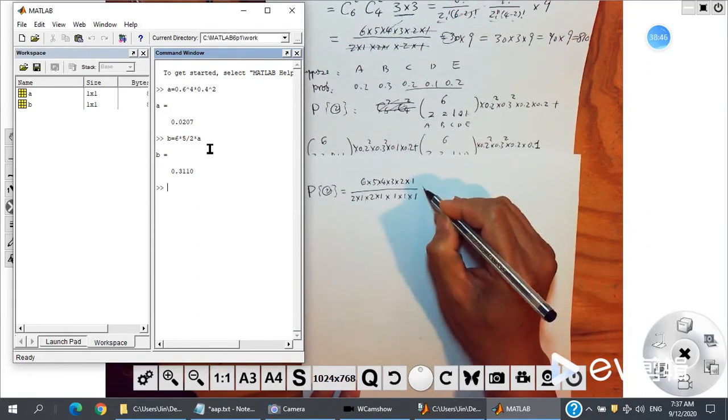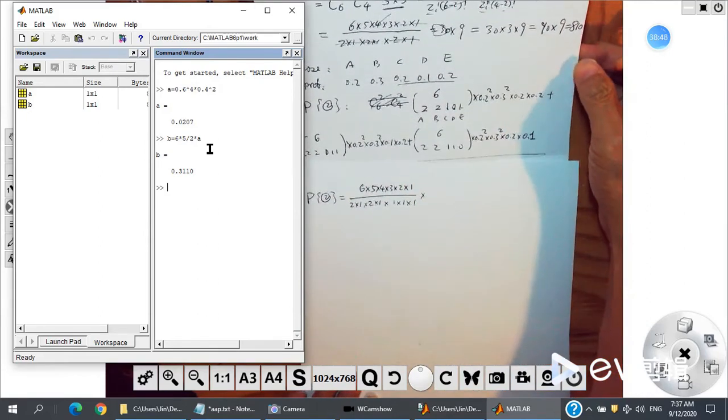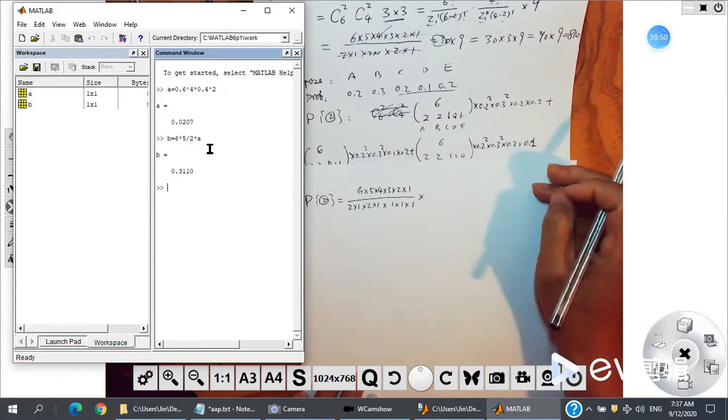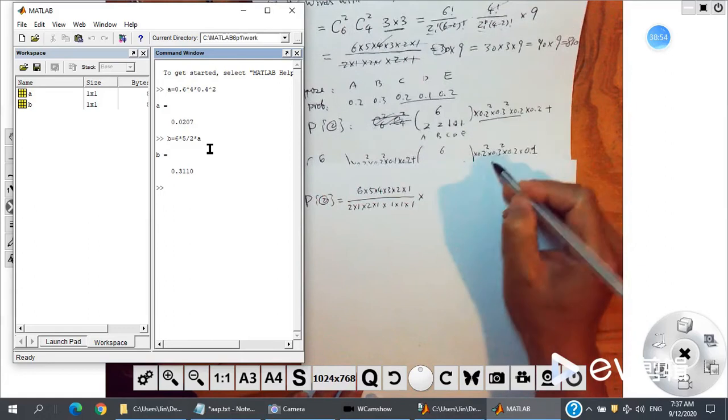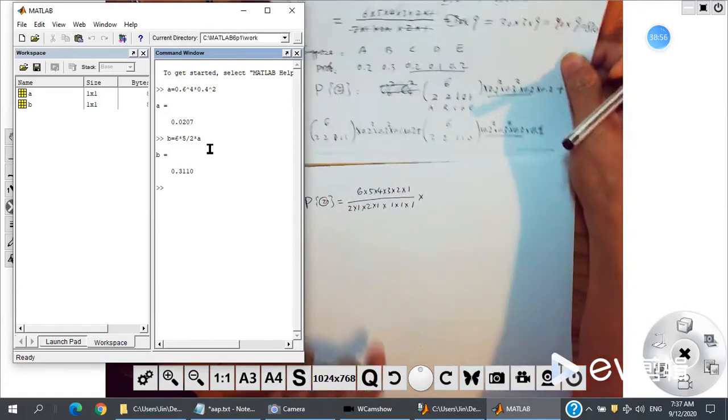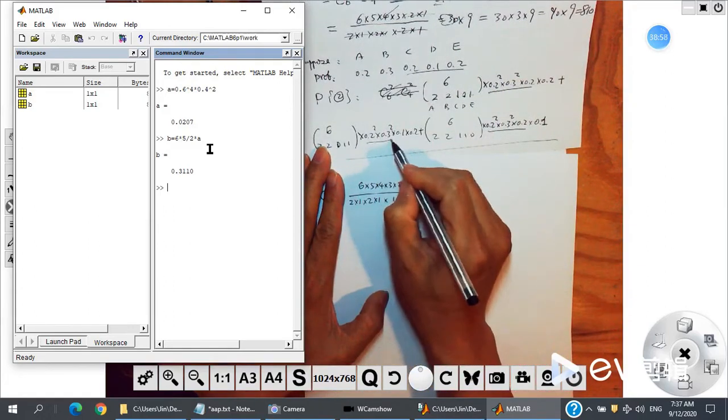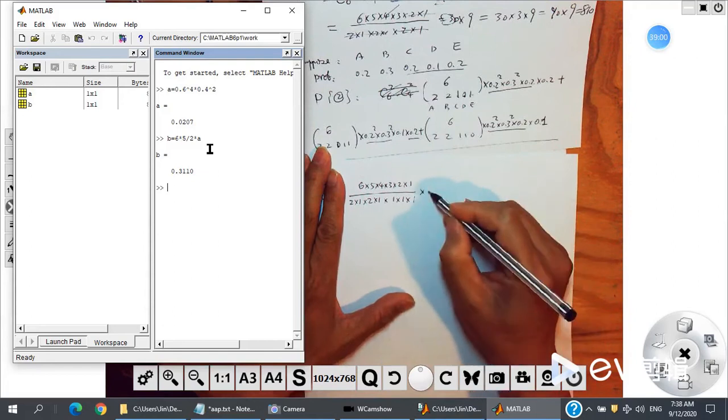And times, okay, I think we need a calculation. Okay, all of these contain this part, right? So we calculate these.